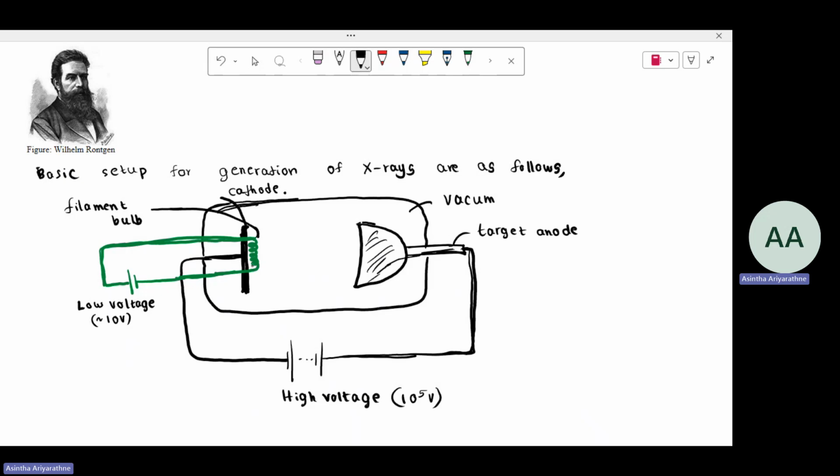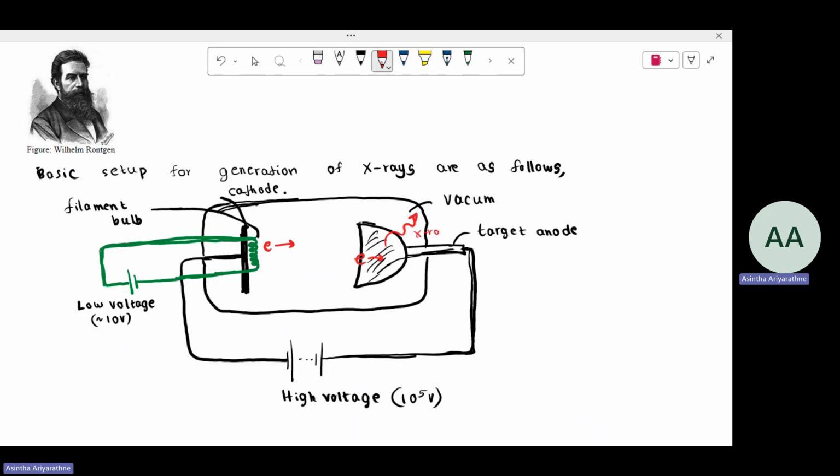By applying low voltage to the filament, electrons are generated here, and these electrons are accelerated towards the target anode, which is made from tungsten or molybdenum. When the electrons hit the target anode, X-rays are generated.